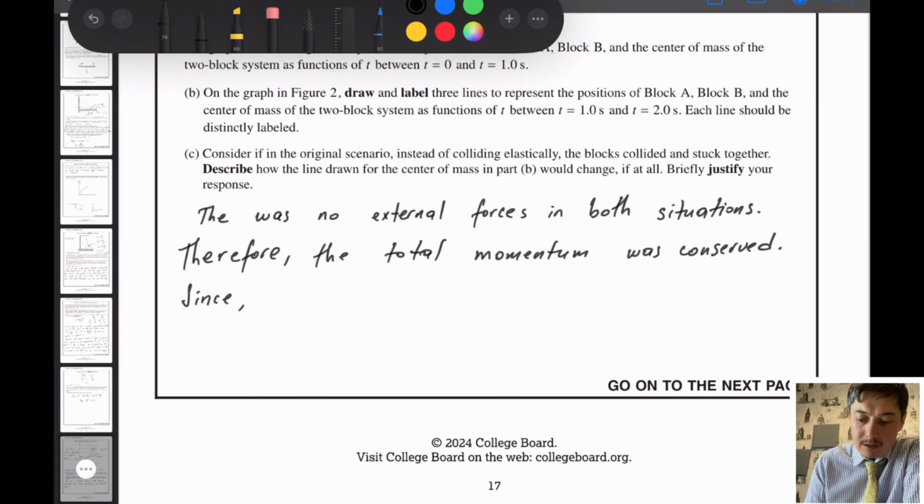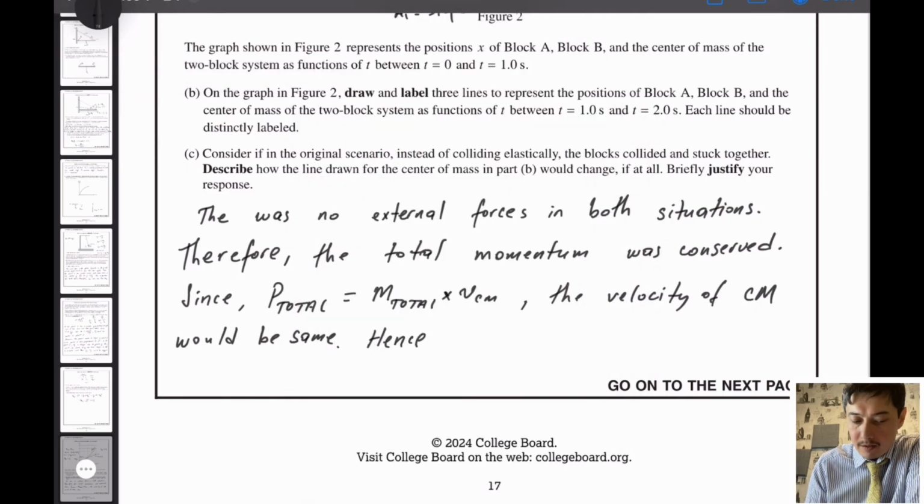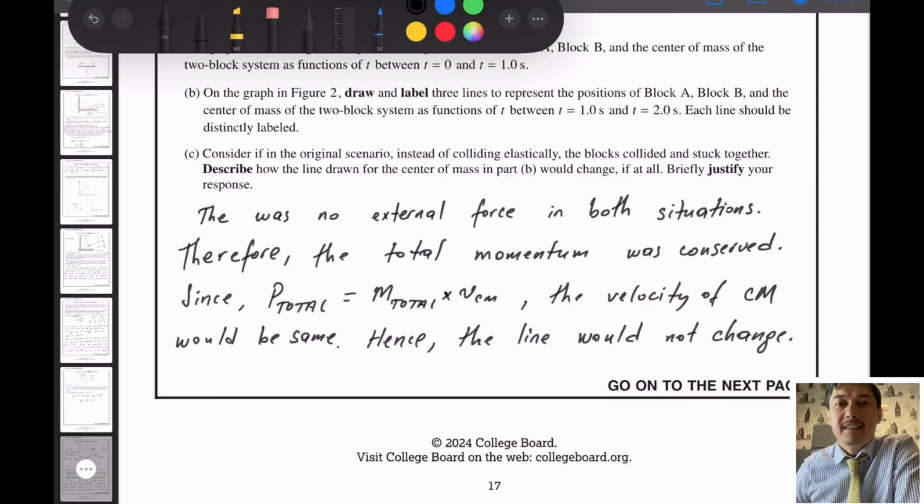Since total momentum is equal to total mass times the velocity of the center of mass, the velocity of the center of mass would be the same. As a result, the line would not change. This was the end.